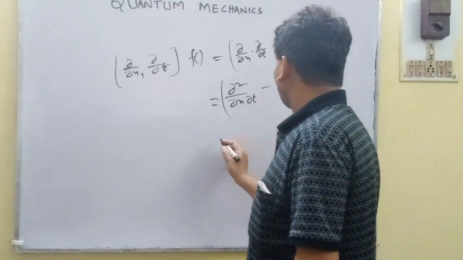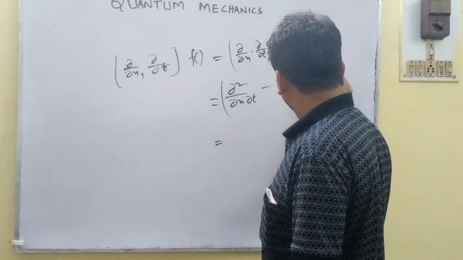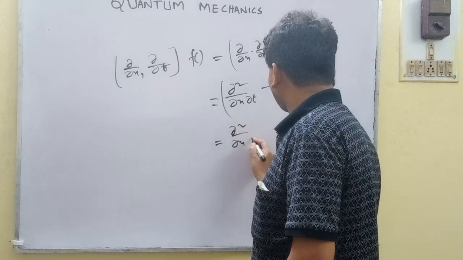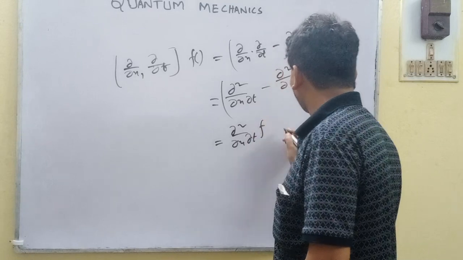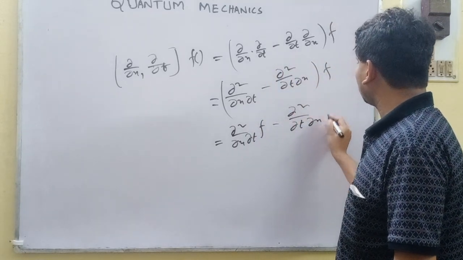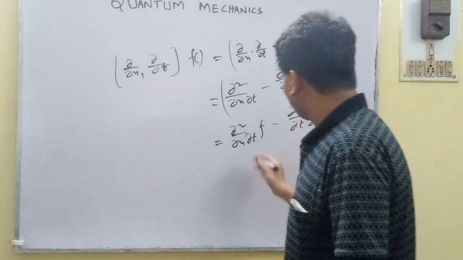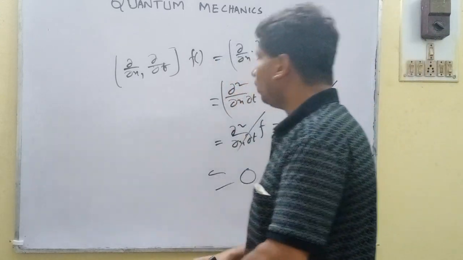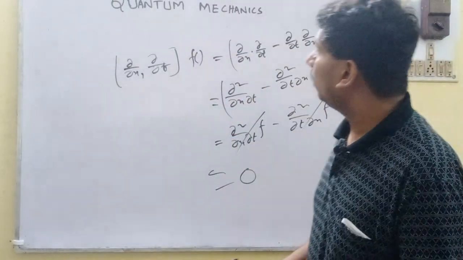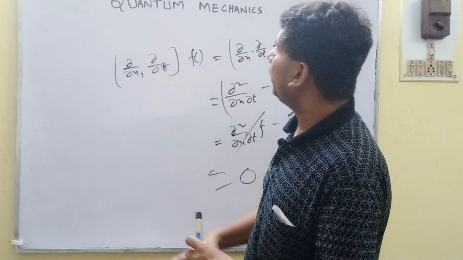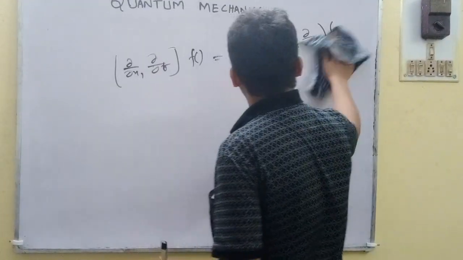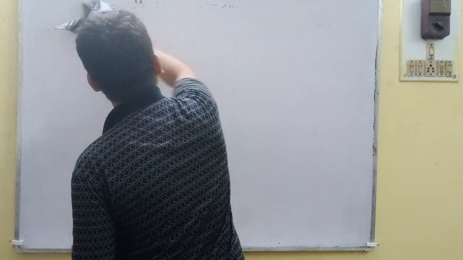So this is del 2 del x del t f minus del 2 del t del x f, and this cancels out, equal to 0. So they can commute with each other. So del x and del t are commutators. No problem.